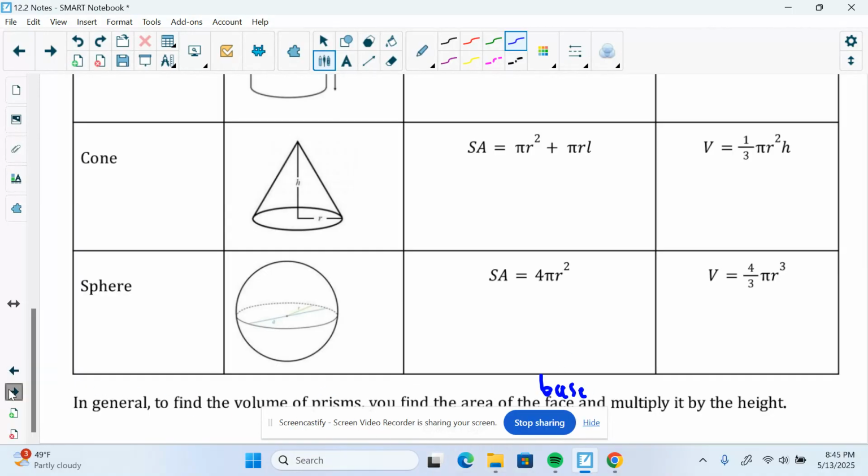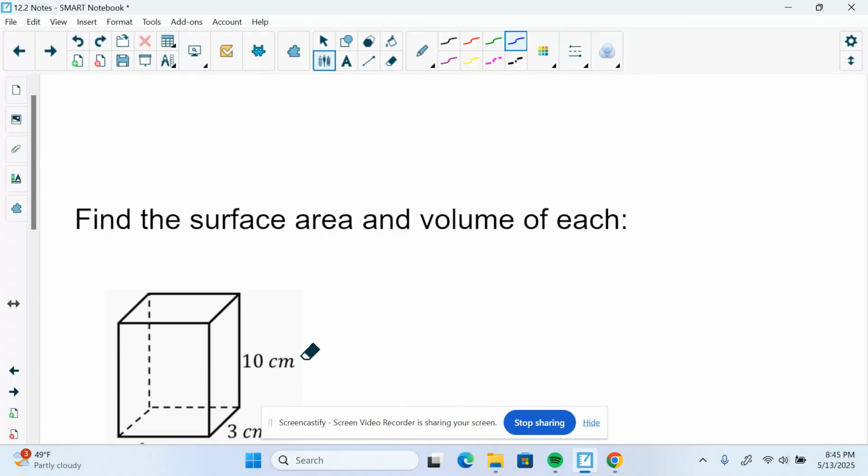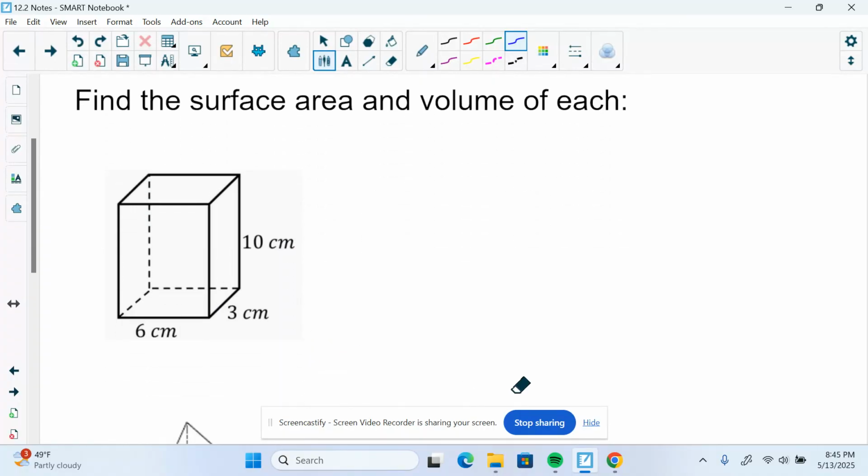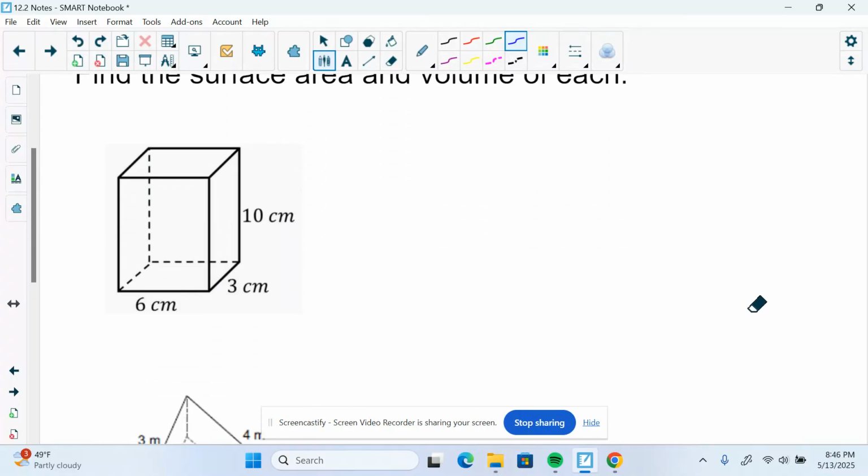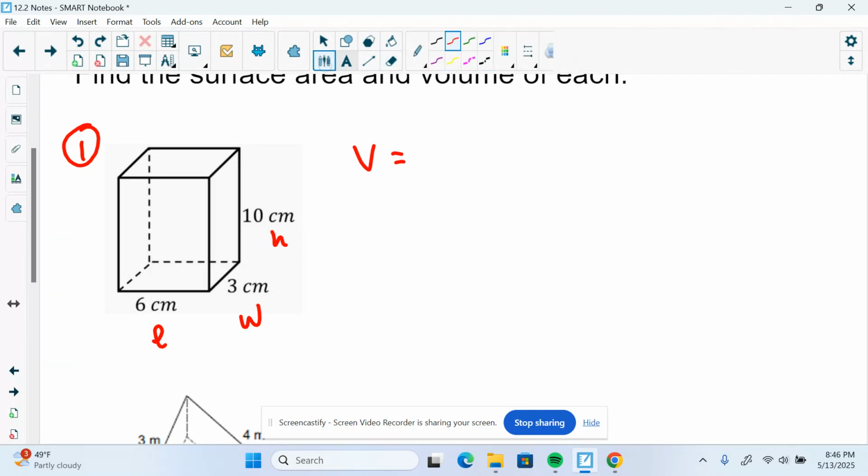So we're going to do some examples. I'm going to go through 3 of them here. Find the surface area and the volume of each. So this first one is a rectangular prism. This example 1 right here is a rectangular prism. We have a length, a width, and a height. So the volume will be easy. I'm going to do it first. I'm just going to do the length times the width times the height. I'm going to actually write down the formula.